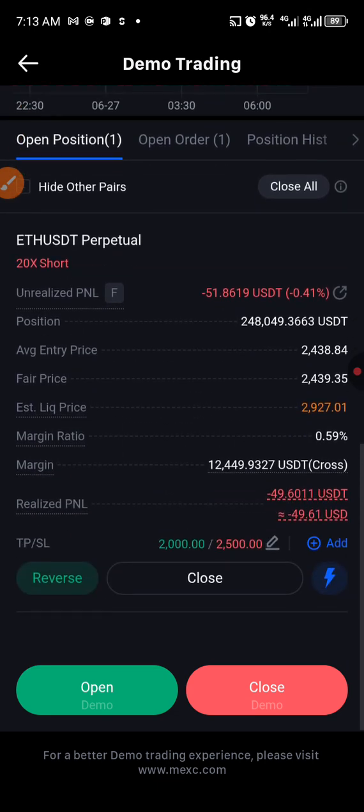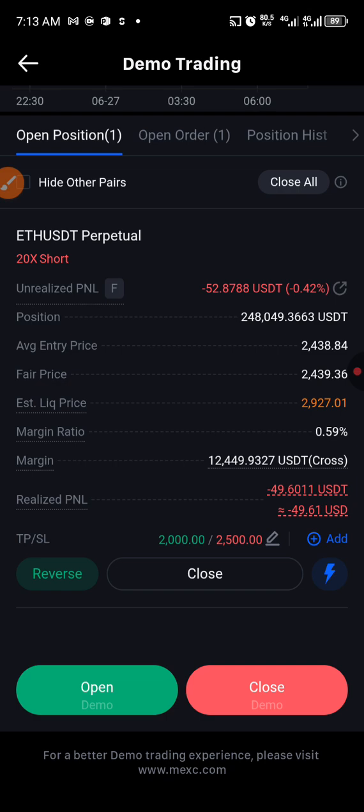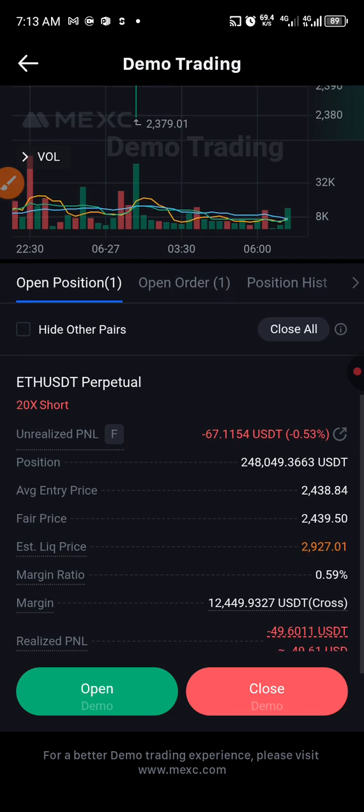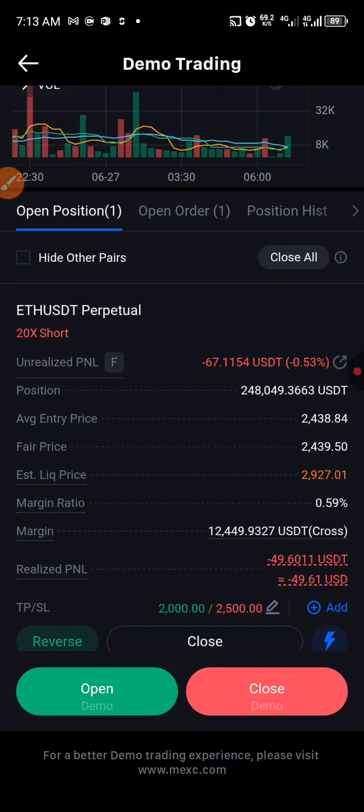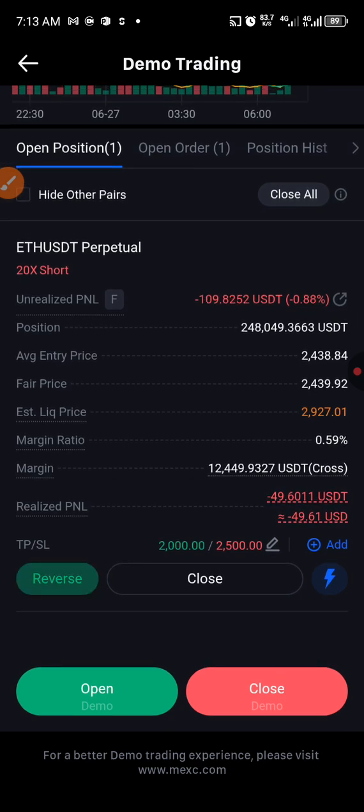So this is just the same way your trading takes place. But there is something that happens. If the trade is going against you, there is something that the Mexc Exchange did, which is called reverse. You can see it here.